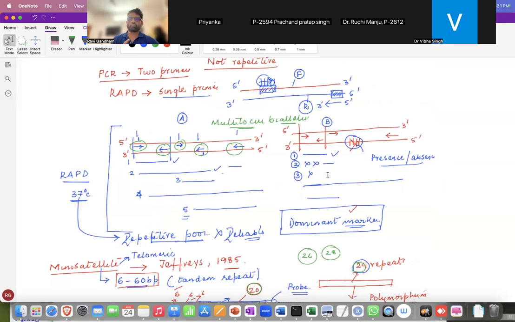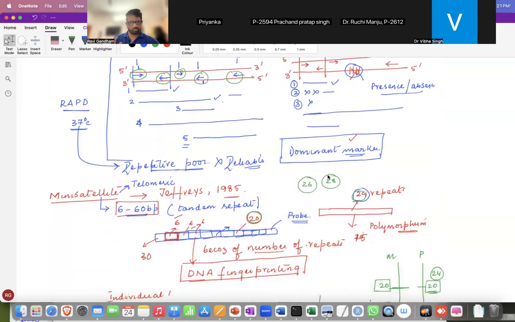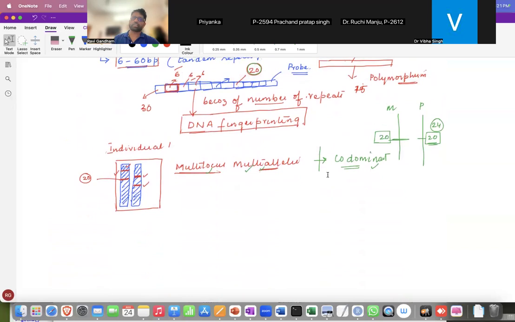Anyways, I'm going to give you a table at the end where everything is defined, but I want you to understand what biallelic and multi-allelic mean. Now coming to the microsatellite. Sorry, not mini satellite.